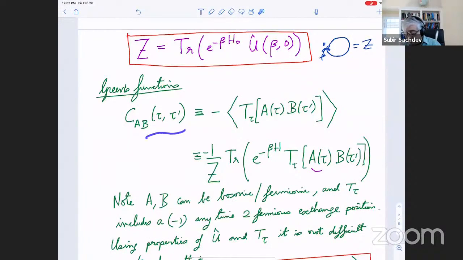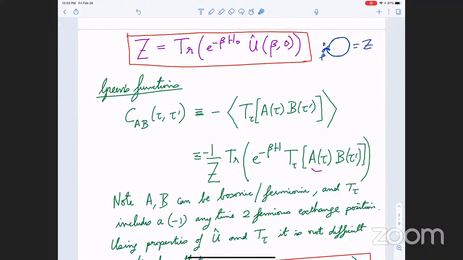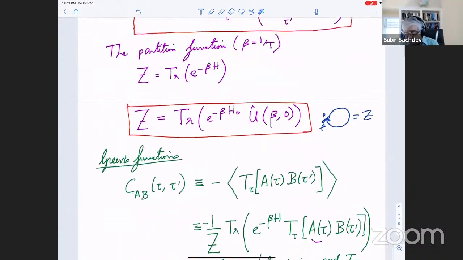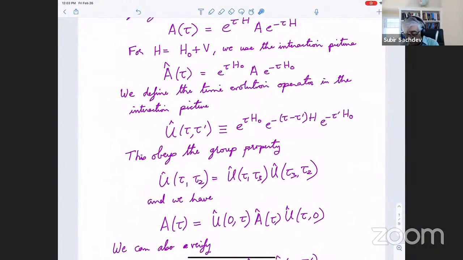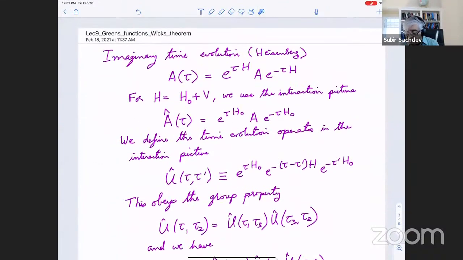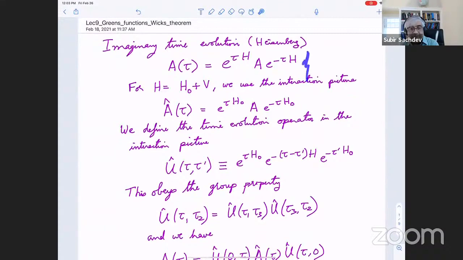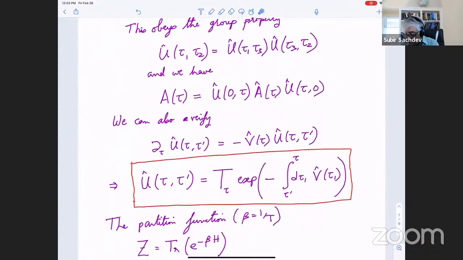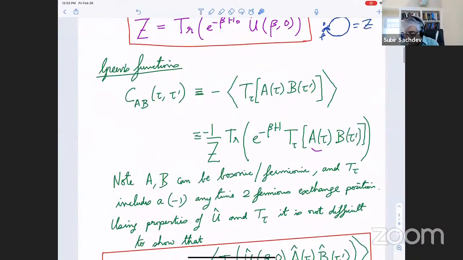This is the definition where the time evolution everywhere is just the full Heisenberg time evolution, the full Hamiltonian, without going into the interaction representation. This is how the operators all evolve. So that's the definition, which, once you put in the full Hamiltonian, can be written as this.